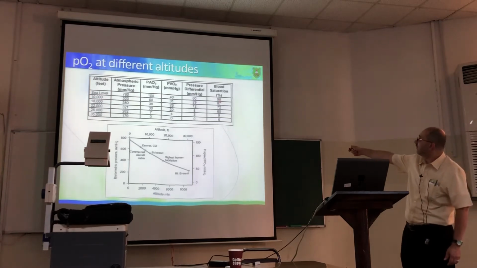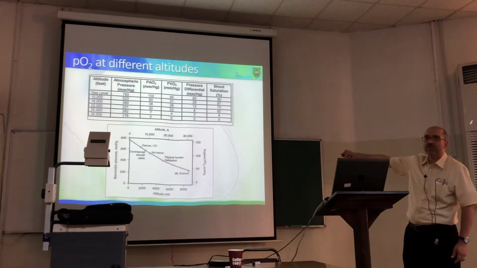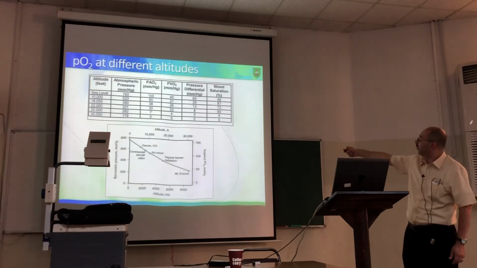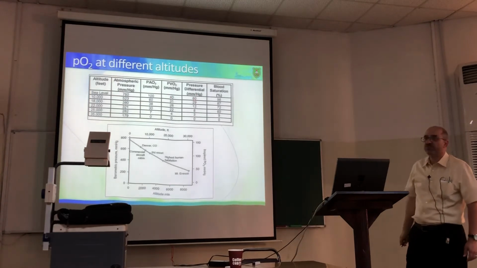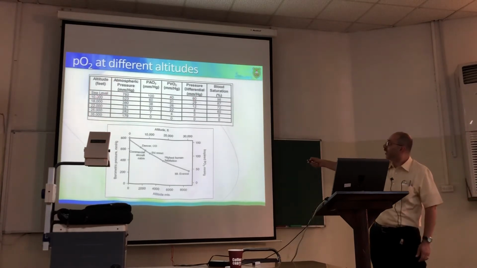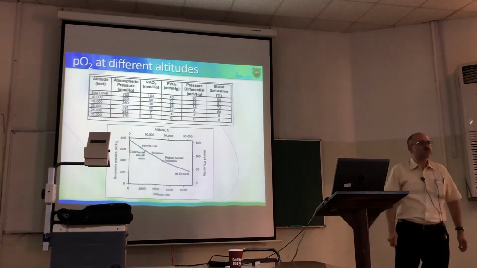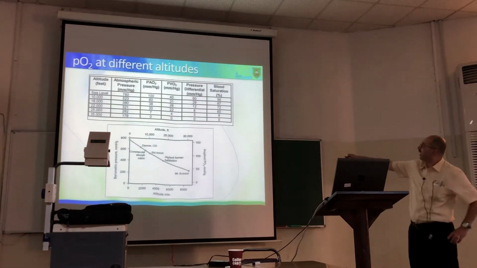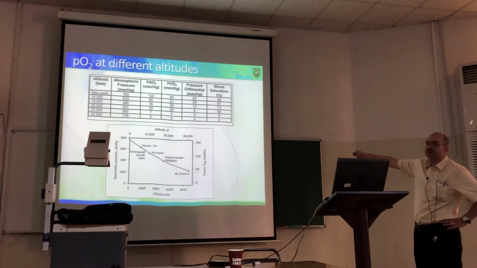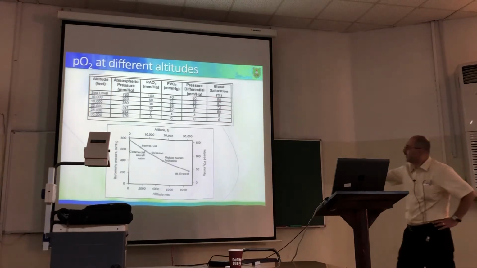So the level of saturation right here is almost 98%, almost 100%. Okay? So the amount of oxygen released is about 60 torr. Now, if you go up high to about 10,000 feet, that is about 3,000 meters, notice how the level of saturation is about 90%. Look at this plot right here.